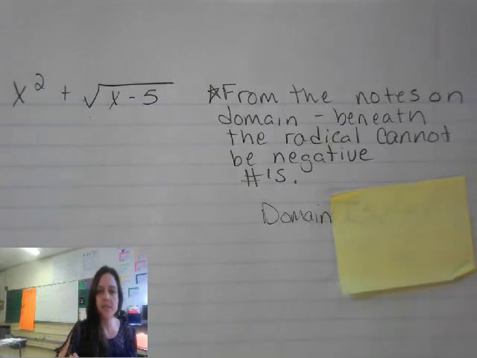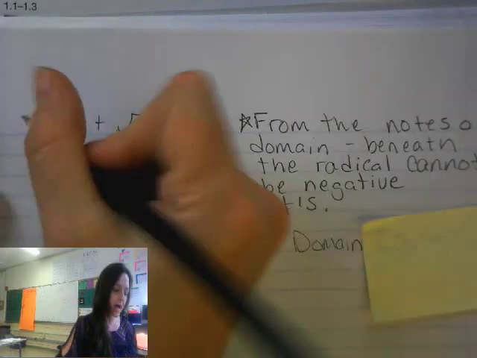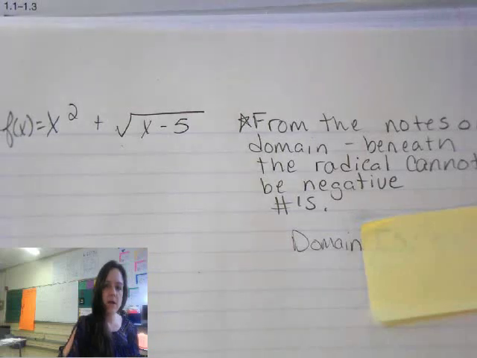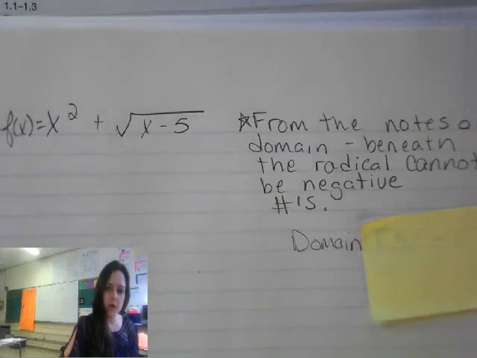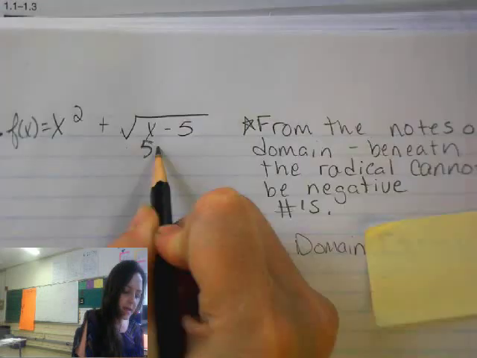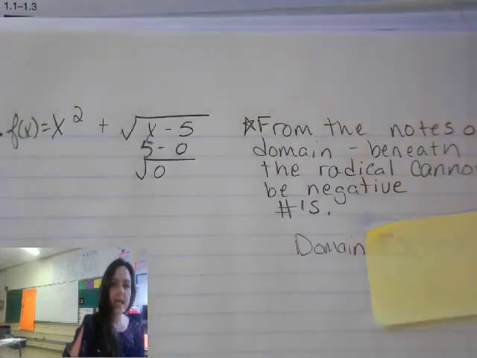We want to know what can x not be for this function to work. Right? And we know, let's see, f of x equals, I know I can put a 5 in there because if I do 5 minus 5, I get 0, and you can take the square root of 0.